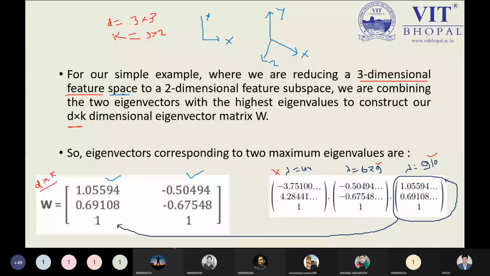So now here we have our values. I've also marked them by the arrows. Now it is visible. So what is the W matrix? W is a matrix determined by D into K dimensionality.